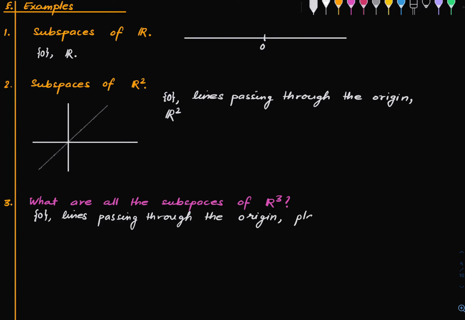Planes passing through the origin. And lastly, the entire thing. These are all the subspaces of R3, but you have to prove it, or at least convince yourself fully. Proof one can do, and as you learn more and more linear algebra, this will become a trivial thing. But this should feel right. It shouldn't feel foreign.